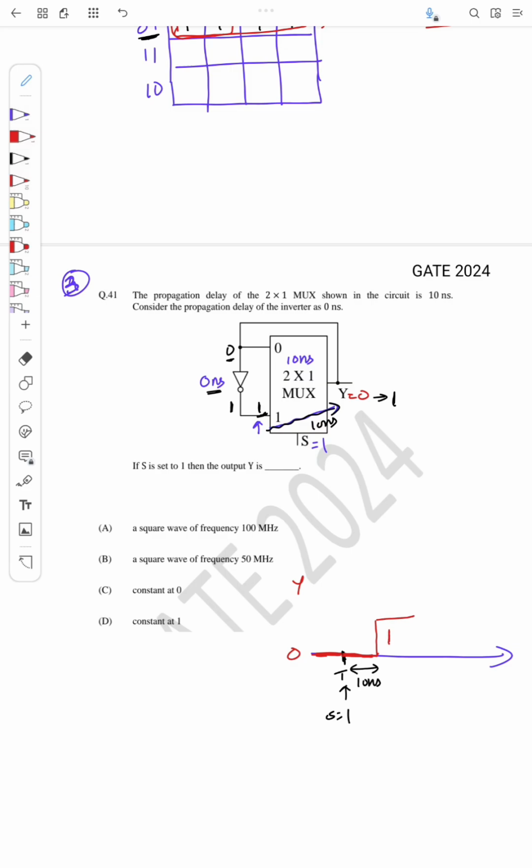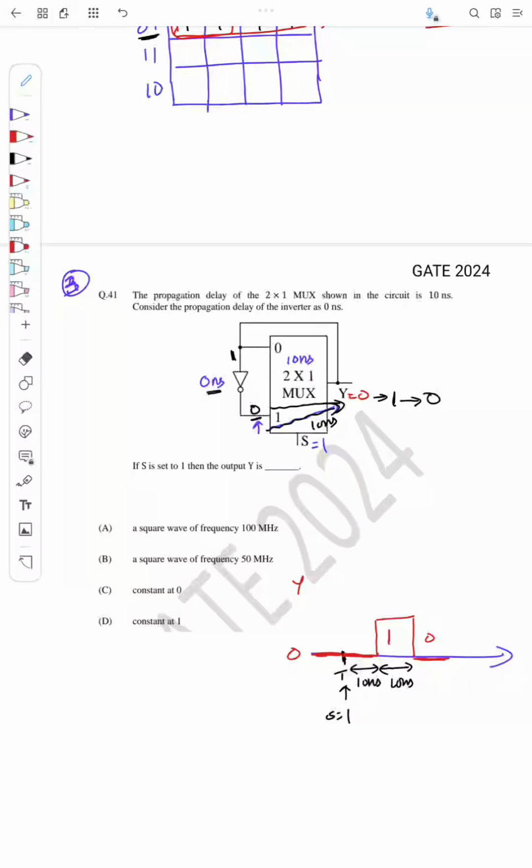When this output is 1, the input to this inverter is 1, and at the same instant the output of the NOT gate is 0. So this input is now 0, and this 0 will propagate to Y, so this 1 will change to 0. And that happens after 10 nanosecond delay.